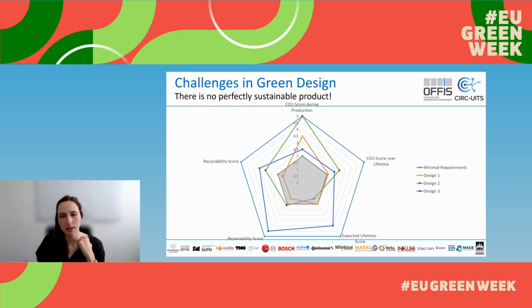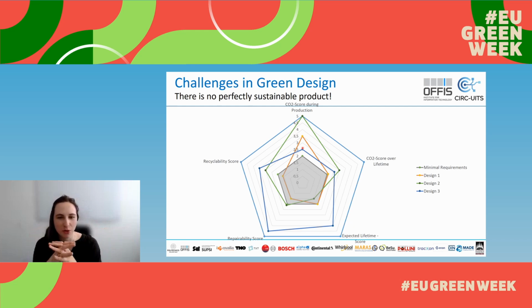My first design is the one I already have, but then I want to improve my CO2 score, and in some areas I'm better, but in some I actually get worse. Then a third design is better in those categories, but I lose in some others.